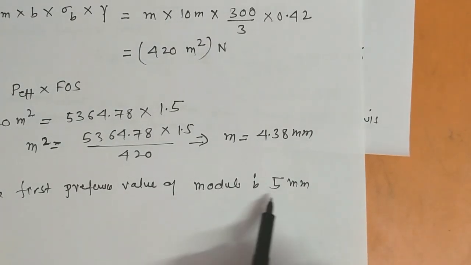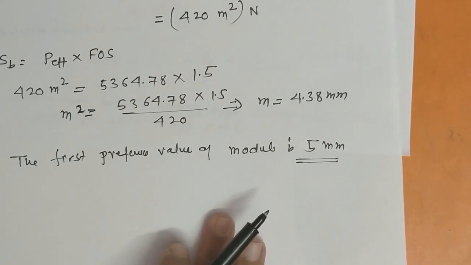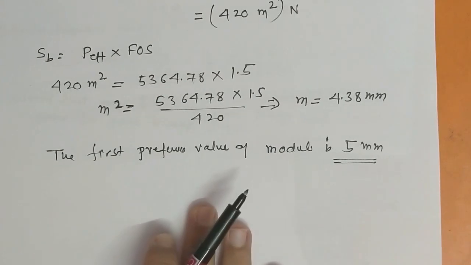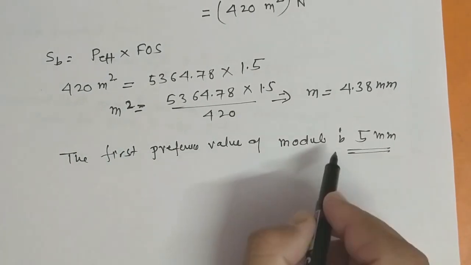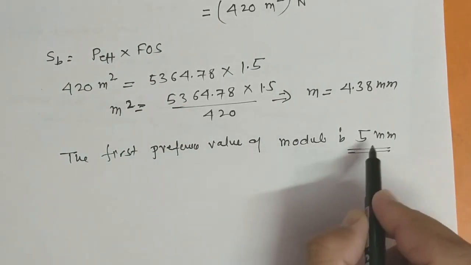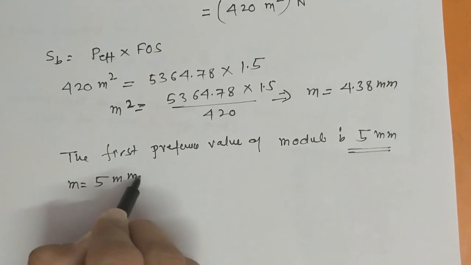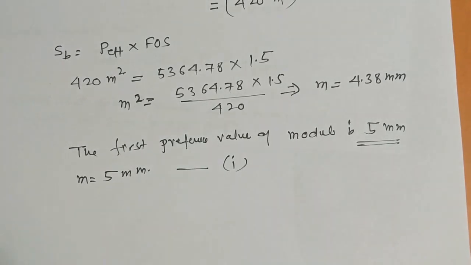This value can be taken from the table which is provided in the book, because the preferred value of module is provided in table form. So now we calculate the rest of the parameters of gear and pinion based on M equals 5 mm. So this is equation number 1.